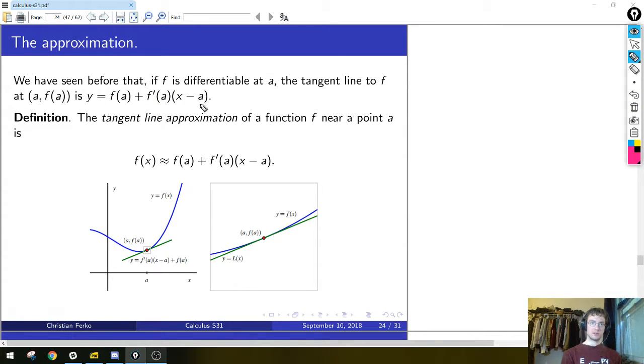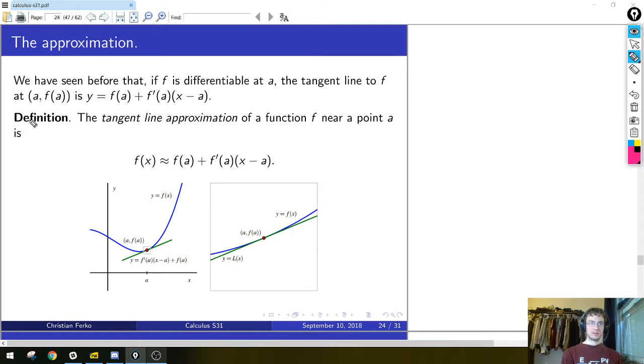So then the line is going to be y equals f of a plus f prime of a times x minus a. Why is this the right thing? Because we know if we plug in x equals a, the tangent line agrees with the function there. So this thing is supposed to give you f of a, and indeed if I plug in, a minus a is 0, and this term goes away, and it's f of a. So that's the tangent line.